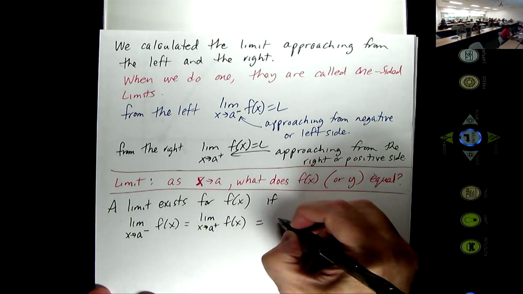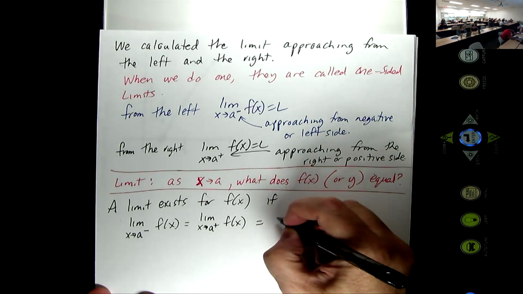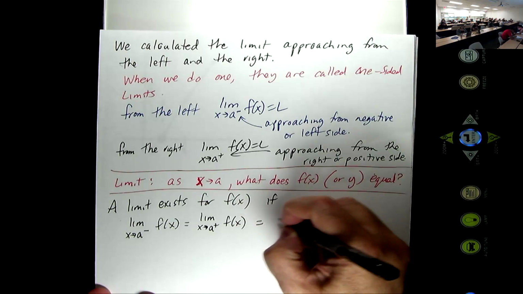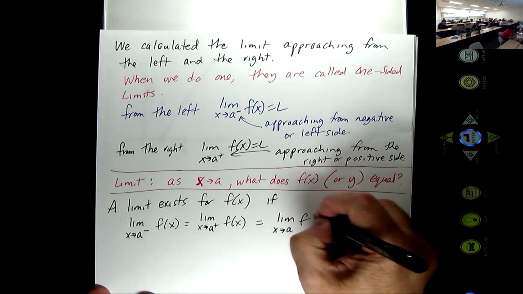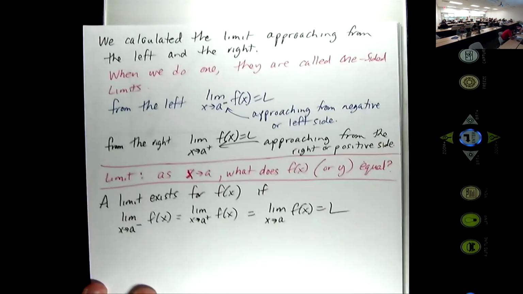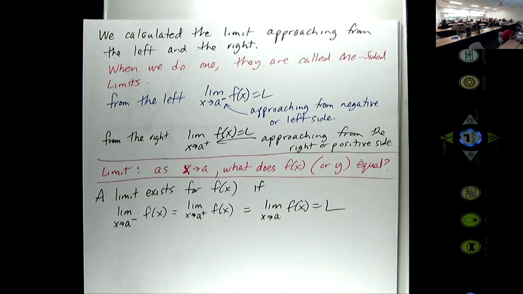And that means it's got to equal some value L. That just means it equals the limit as x approaches a of f of x, which is L, some number. In our previous examples, 0.25 and then 1. So it has to equal the same value approaching from the left and the right.